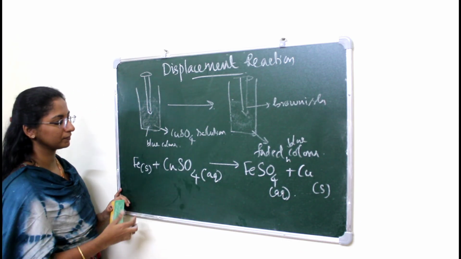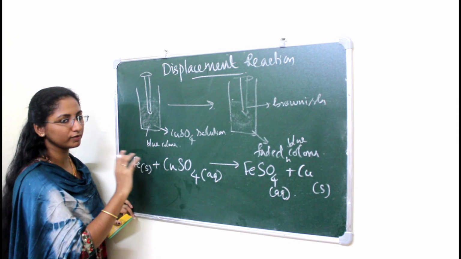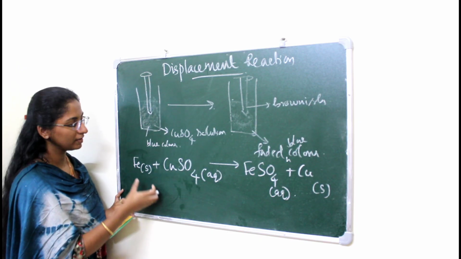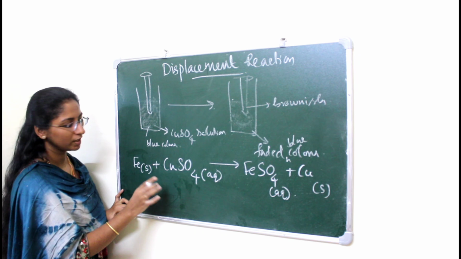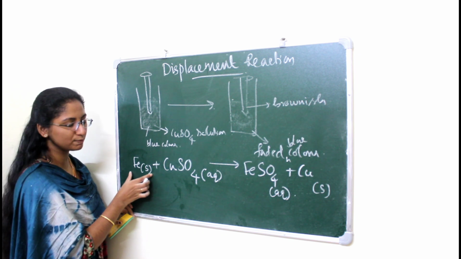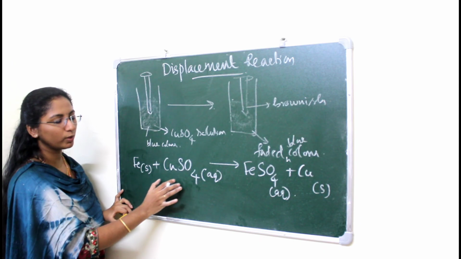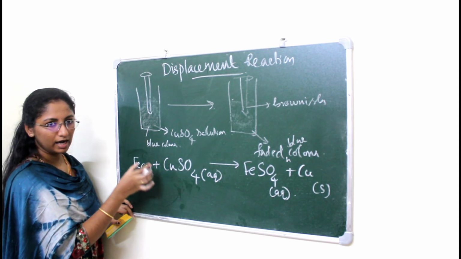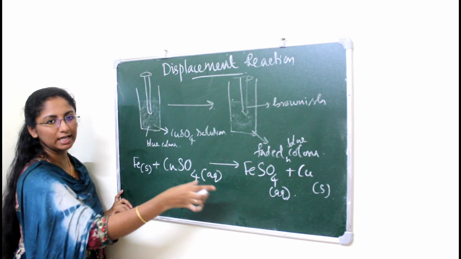So what is happening here? When we consider reactivity, iron has more reactivity than copper. So iron will displace this copper metal from the copper sulfate solution. Iron combines with the sulfate and forms iron sulfate, ferrous sulfate.